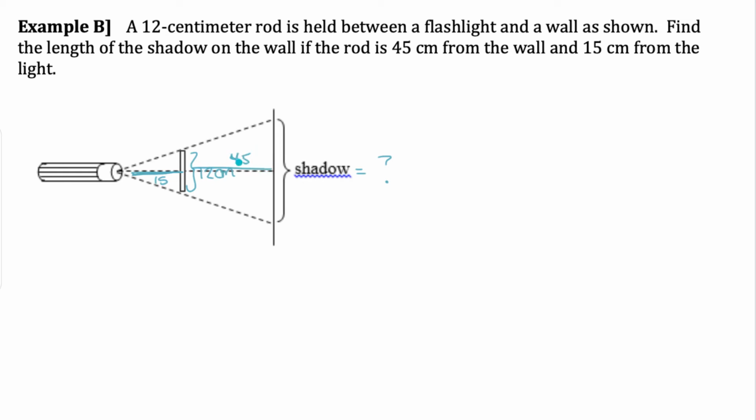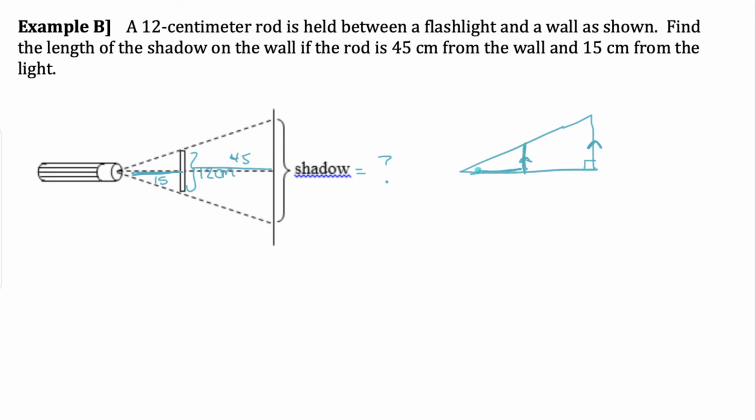So I'm actually going to pull one of these triangles out. It happens to be a right triangle, but I'm going to pull that triangle out, right? And I'm going to draw this here because now this figure looks very familiar, right? So this rod is really parallel to this shadow or this wall, right?